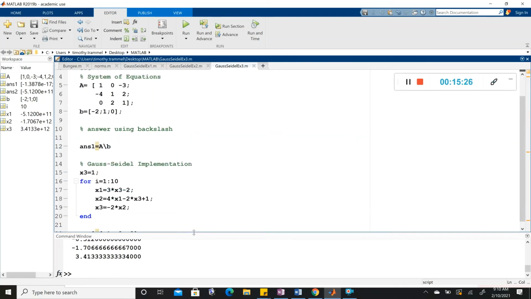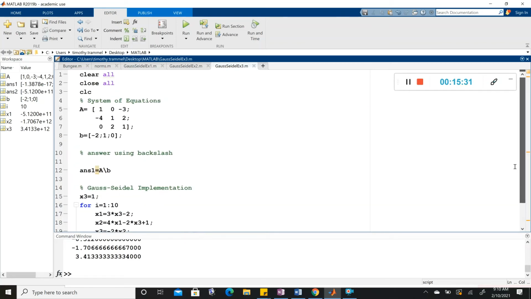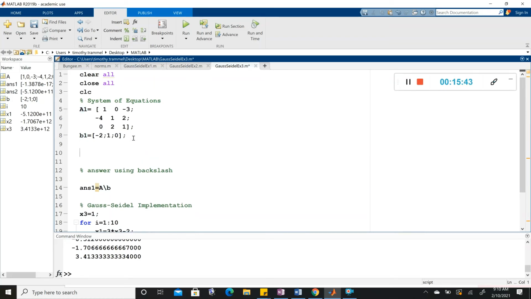Okay. But what if we rearrange our equations here a little bit? Okay, we're going to rearrange this system. Let's maybe call this A1 and this B1. Okay. So we're just going to rearrange this a little bit.